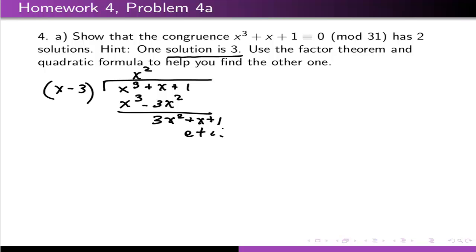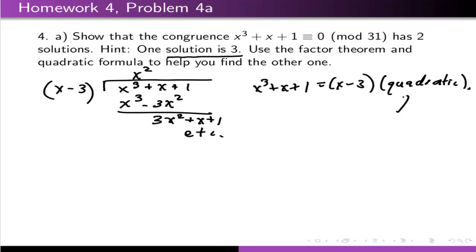So you should come up with a factorization x cubed plus x plus 1 equals x minus 3 times a quadratic. And then you need to find the zeros of the quadratic, and you can just use the quadratic formula.